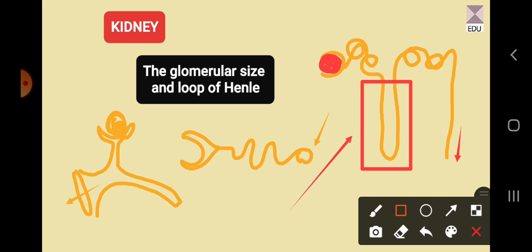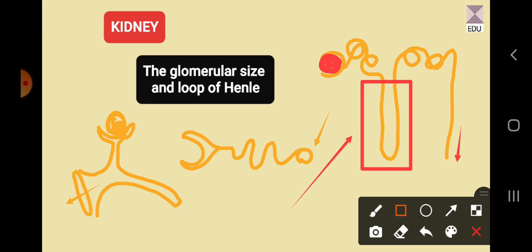So students, this is the basic concept of why the loop of Henle has been developed in mammals and in amniotes. This is to concentrate the urine, and this is the main mechanism of the loop of Henle. It is also called the hairpin loop because of its structure. It is just like a hairpin.